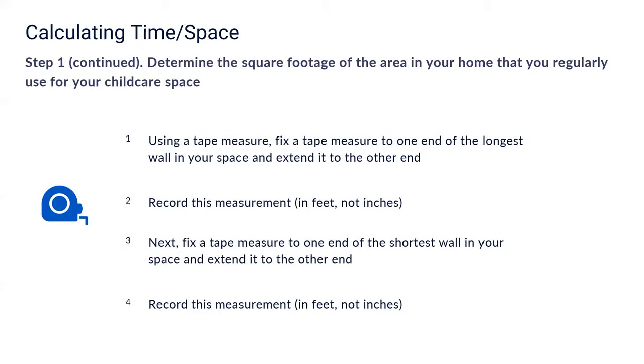So you will fix a tape measure to one end of the longest wall in your space and extend it to the other end. Next, you'll record this measurement in feet. After that, you'll fix your tape measure to one end of the shortest wall in your space and extend it to the other. You'll then record that measurement in feet.